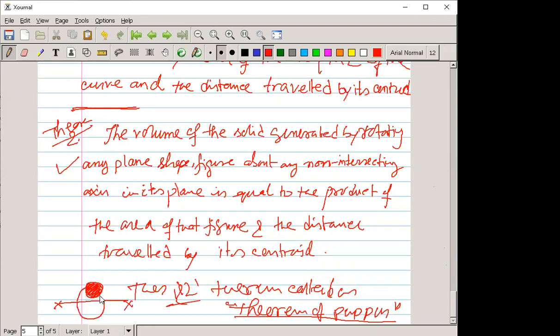Then what does it generate? It generates this type of solid thing. So what is the volume? That is the product of the area of this figure and the distance traveled by its centroid. That is the theorem.